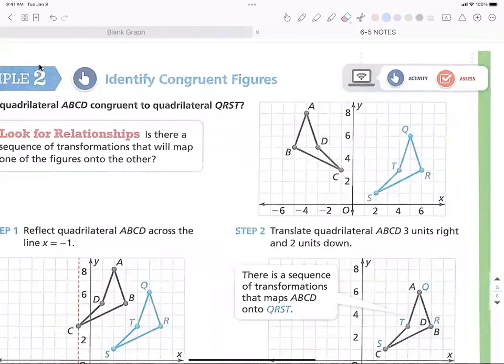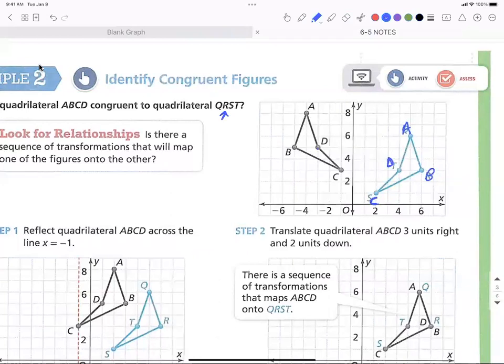Okay, let's rename these. So A comes first and Q comes first. So I'm going to make this Q and A, just to make it easier. B is next and R is next. So my R over here is really my B. I'm just renaming these to make it a whole lot easier for stuff to line up. My S comes next and my C comes next. So the S can also be called C. And my D and my T, so my inner angle D and my inner angle T line up.